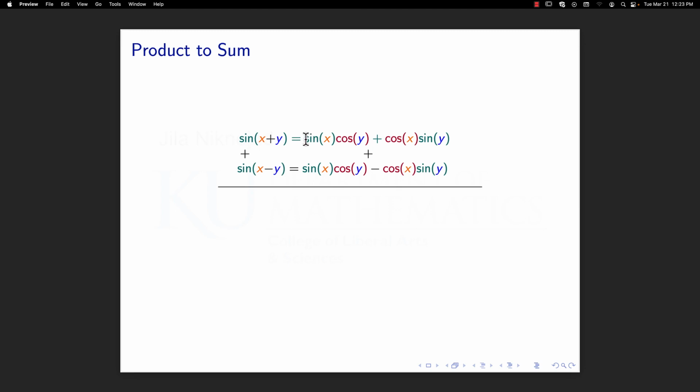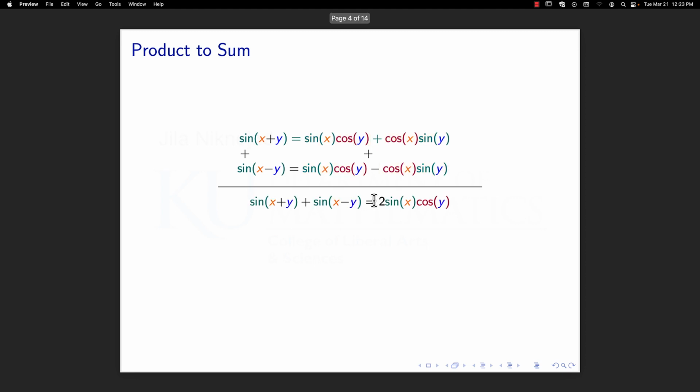Very quickly, I noticed that the right-hand sides both contain sine of x cosine of y, and I can combine these two into 2 sine of x cosine of y. I also noticed that there are two terms that are of opposite signs, but the absolute values are the same, so the two of those are canceling each other out.